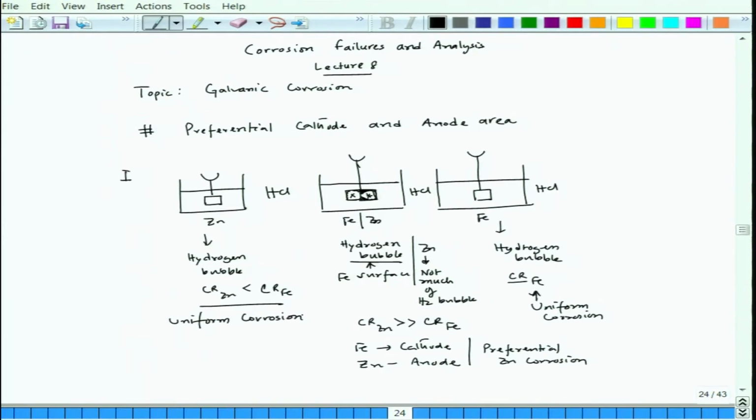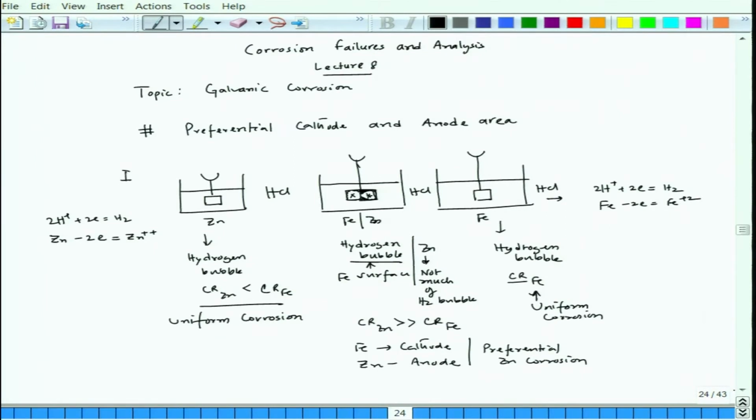Uniform corrosion. And if we try to see the governing reactions, you would see these two reactions here, and here these two reactions.